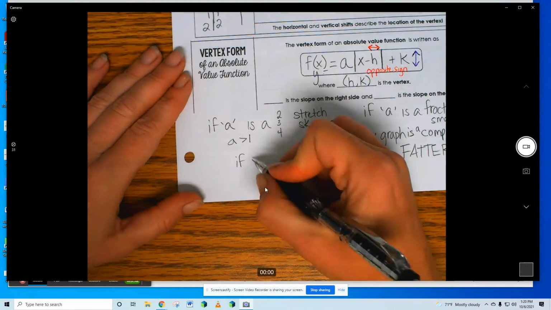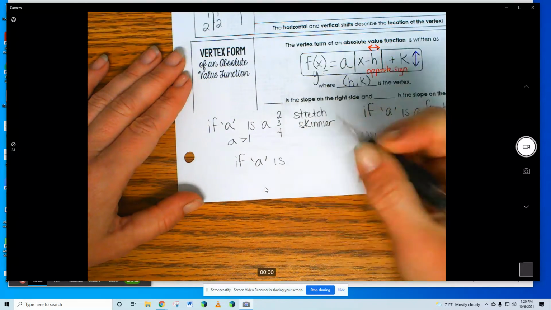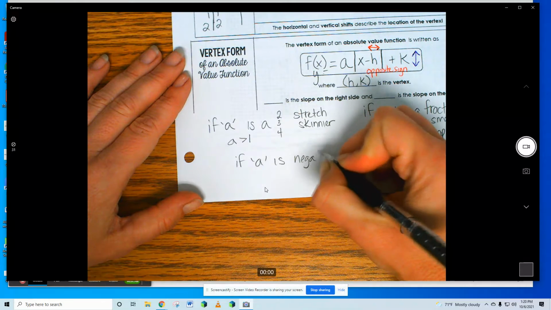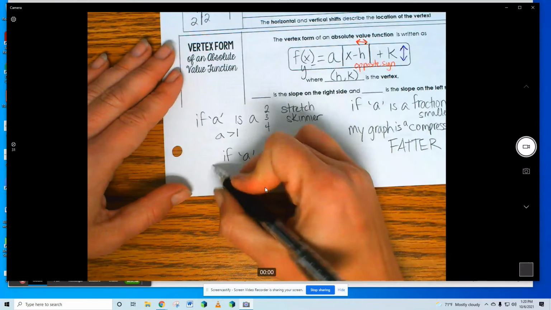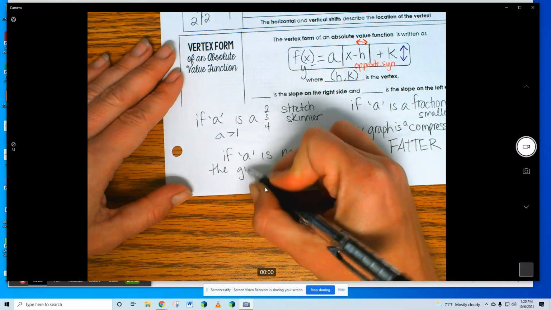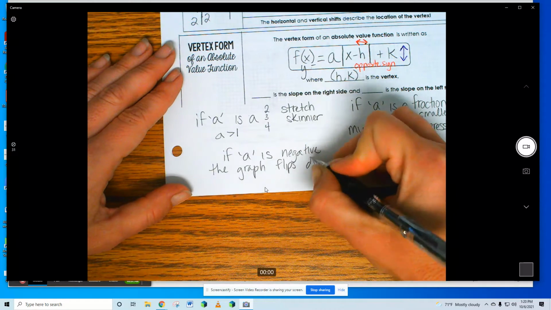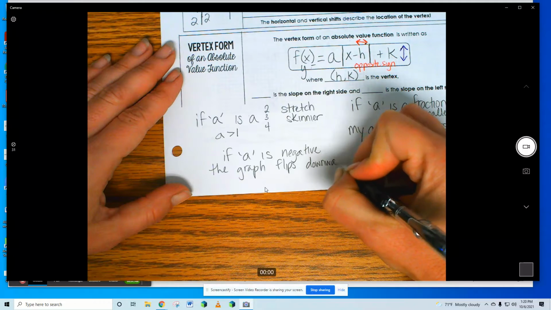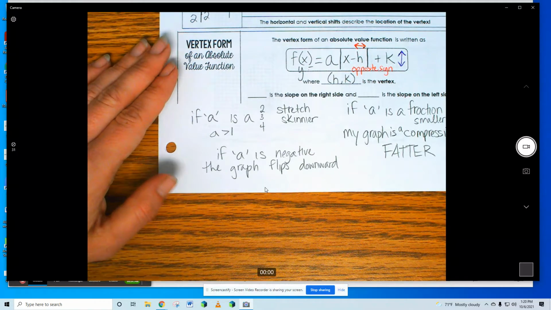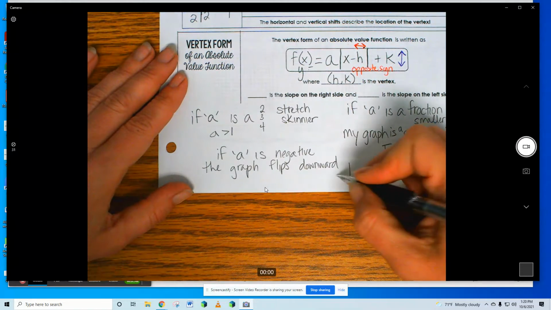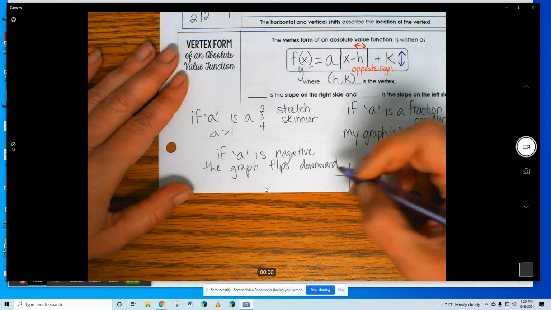If a is negative, the graph flips downward. If the a is negative, it means it's in the opposite direction. It'd be like this. Downward V shape.